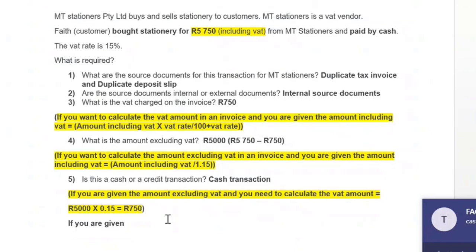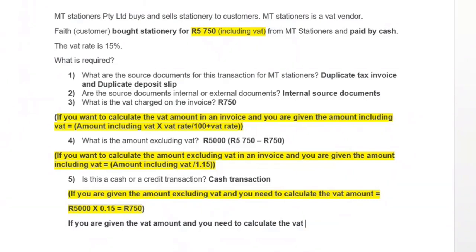So if you are given the VAT amount and you need to calculate the amount including VAT, in this case I'm saying you are given 750 and you need to get to 5,750.